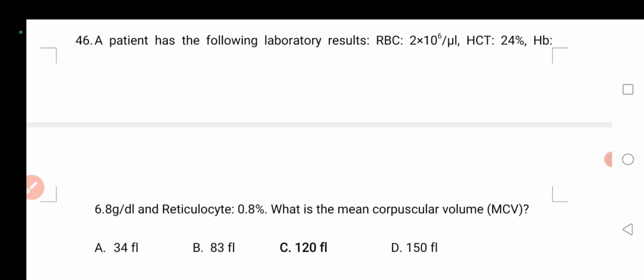So we take 24 from the hematocrit, over 2 from the RBC, times 100, right? Times 100. So it will be 120 femtoliters. C is the correct answer.